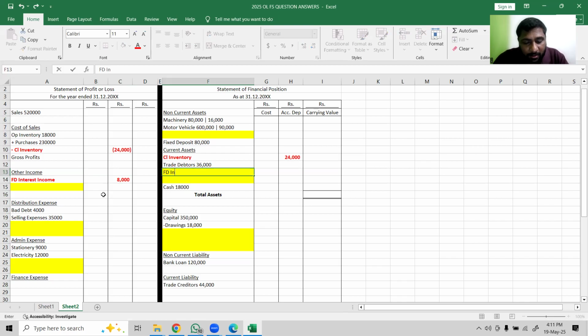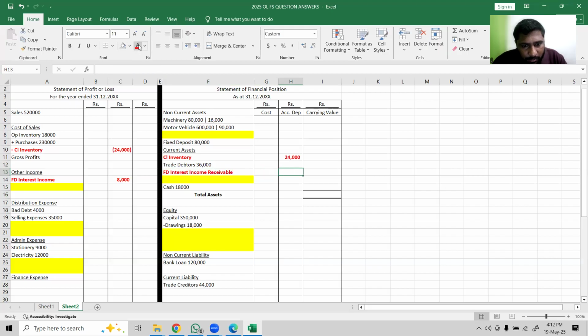FD interest income receivable $8,000. Two places.